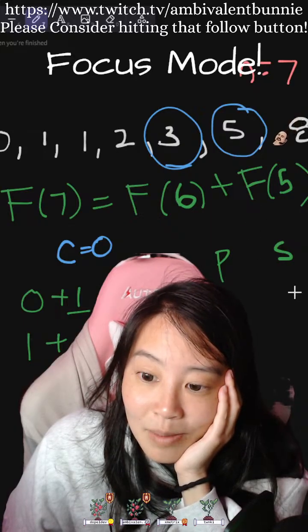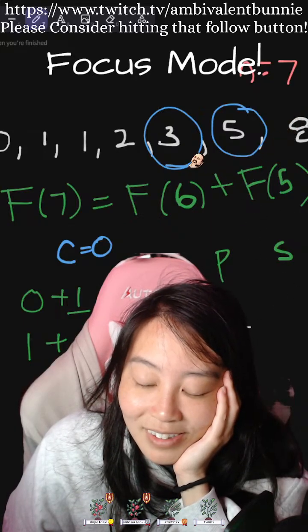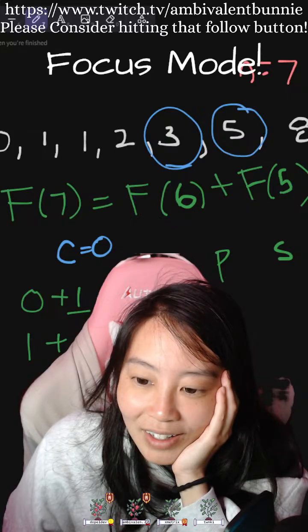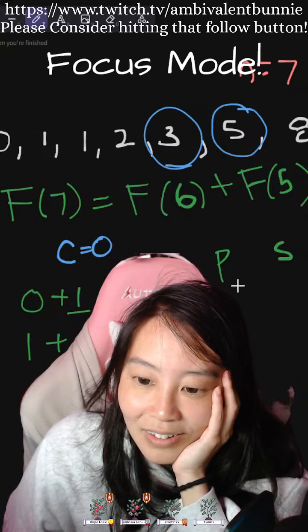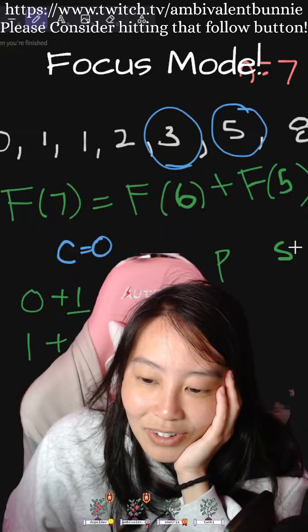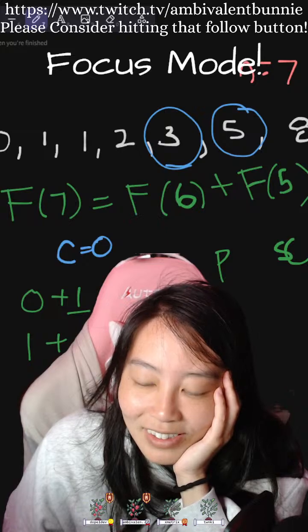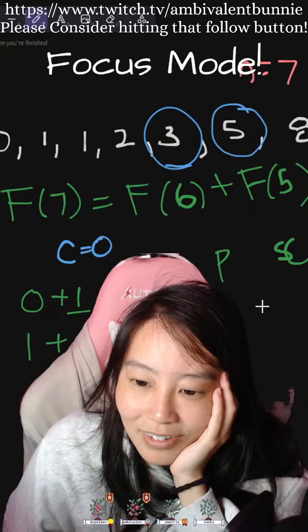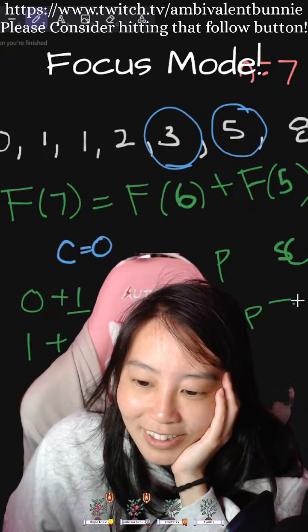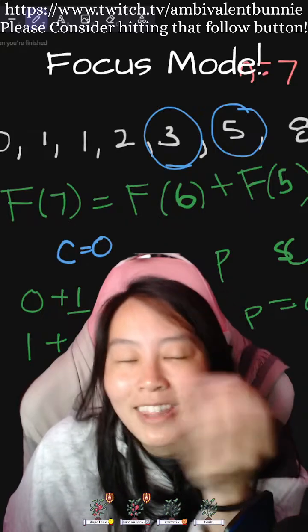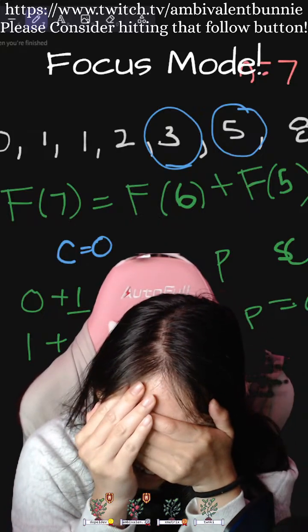So then the sum equals previous. And we have current equals sum. So then previous would then equal current. Why am I thinking about a linked list right now? Oh my god.